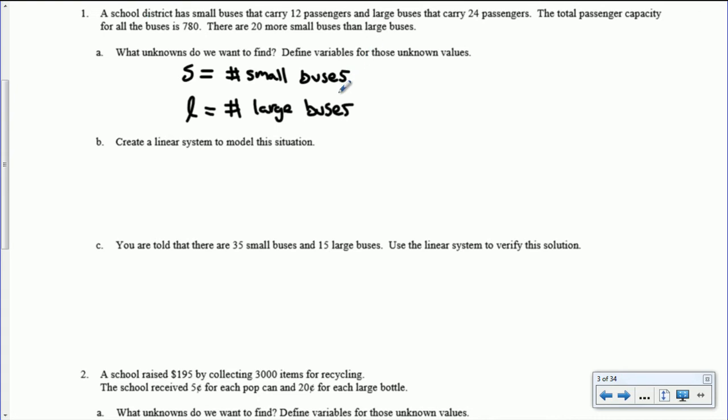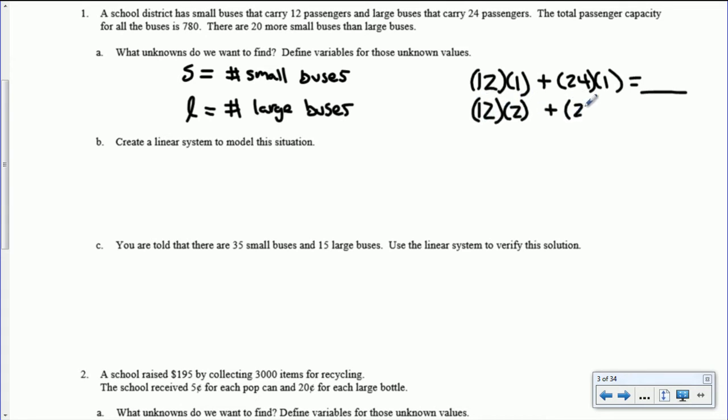So for example, if we had one small bus and one large bus, we would have 12 times 1 plus 24 times 1, and that would give you a number of passengers that we could hold. If we could have, for example, 2 small buses and 1 large bus, that could be a possibility. That would give us another number for the total passenger capacity.